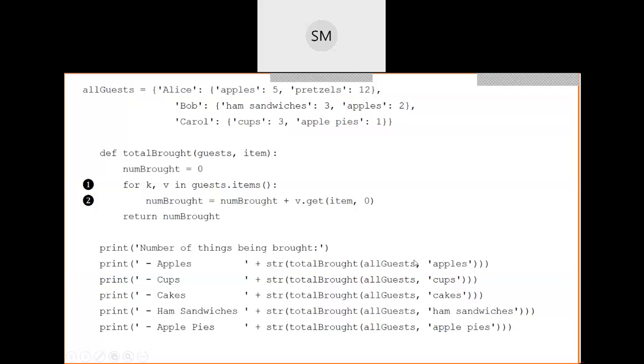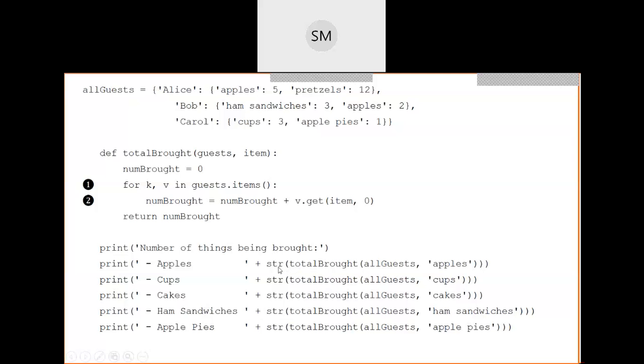So it means that when Python looks at this part, it clearly understands that, oh, this is a function call. Which function? totalBrought. Then immediately control jumps to this part and it executes this, and again it comes back here. And if apples, how many apples we are bringing, that count will be fetched from this totalBrought here. And since it will be an integer value, that integer value should be converted to a string.